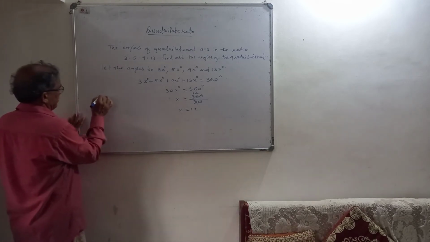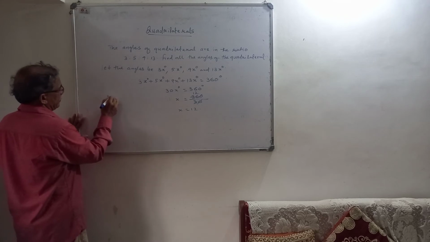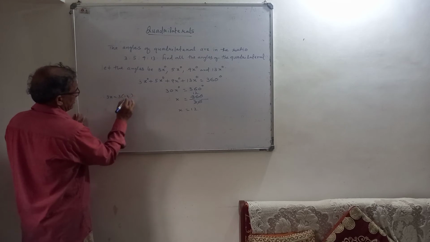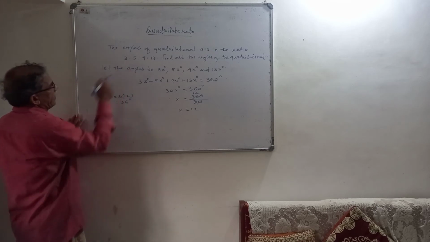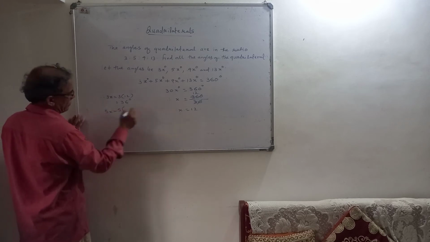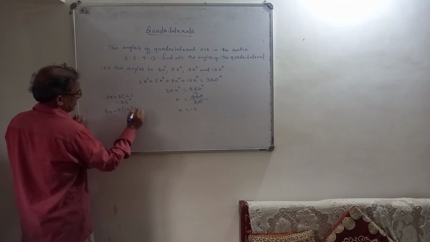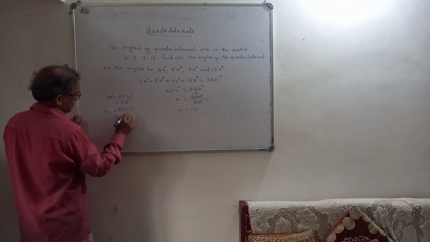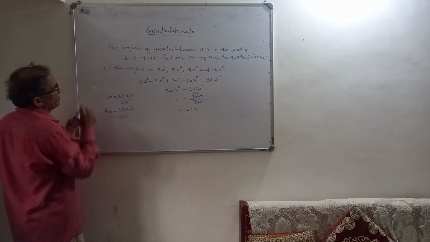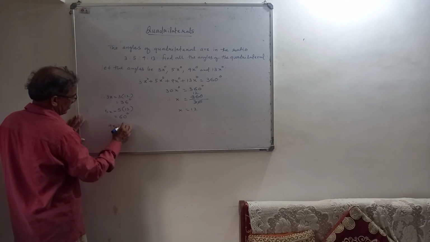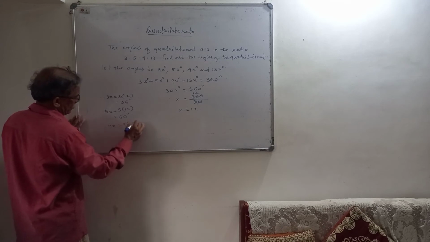And therefore, now I shall calculate here. 3x is equal to 3 into x, how much? 12, that is 36 degrees. The second angle, 5x, means 5 into 12, so that is 60 degrees. The third angle, 9x, is equal to 9 into 12.